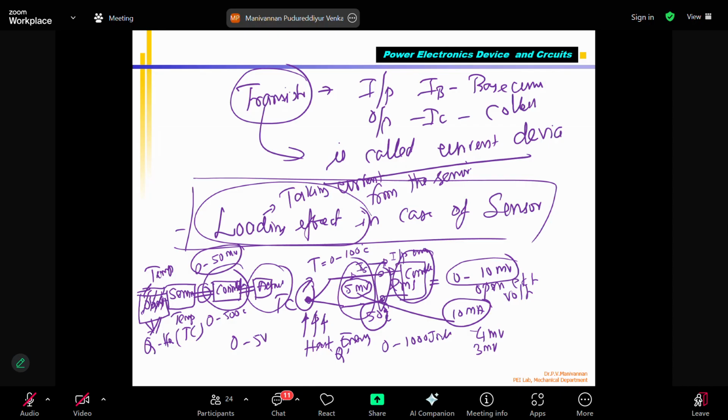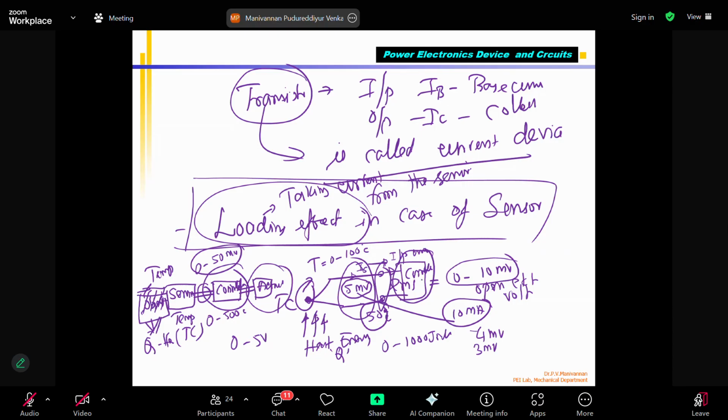Now we know that if it is 5 millivolts, the controller knows it is 50 degrees. That is the correct temperature. But since the current is taken by the controller from the sensor, the voltage drops. That is called the loading effect. Correct? Because of that, now it becomes 4 millivolts because current is taken.